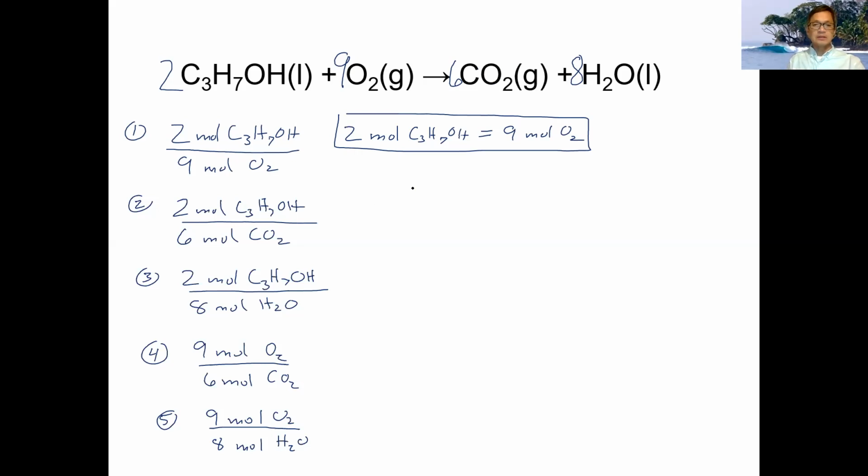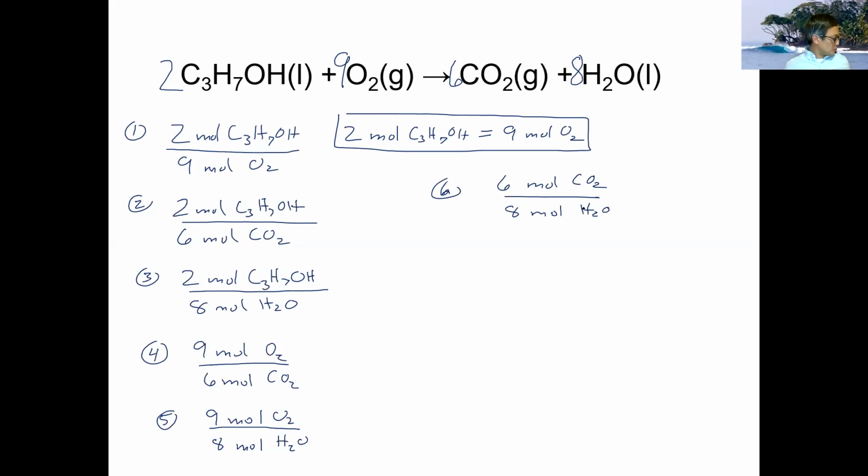And so you can see the last mole ratio will be the ratio between carbon dioxide and water. So let's go ahead and write that down. We have 6 moles carbon dioxide over 8 moles of water. Okay, so we have then 6 unique mole ratios that we can form from this balanced equation here.